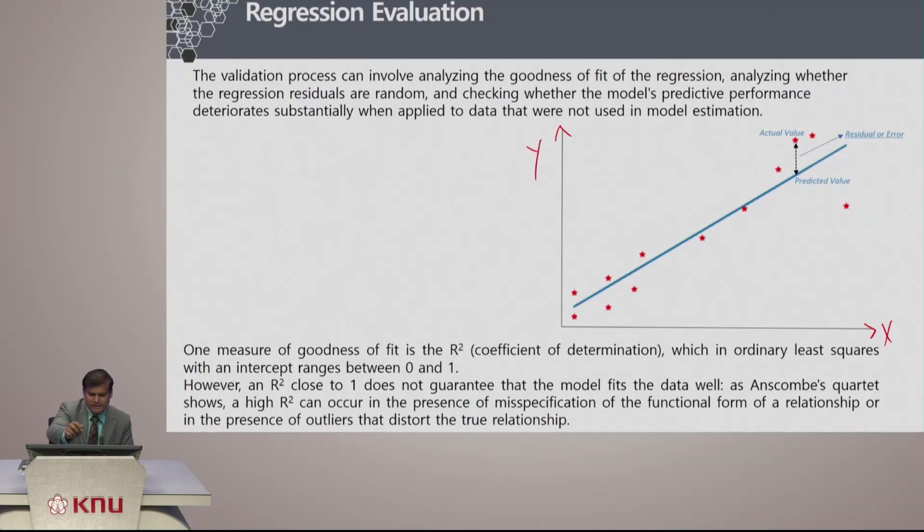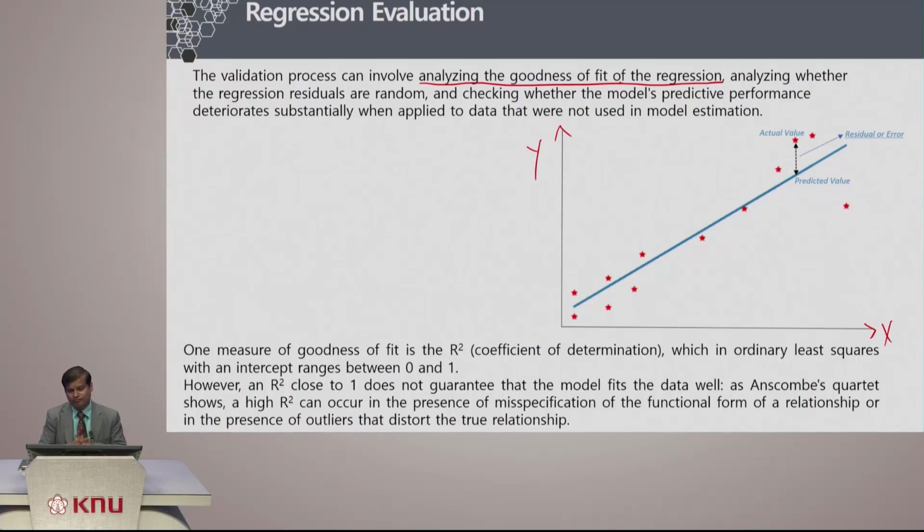You want to analyze the goodness of fit of the regression line, how well the regression line fits all the data points, and analyze whether the regression residuals are random, and check whether the model's predictive performance deteriorates substantially when applied to data that were not used in model estimation.